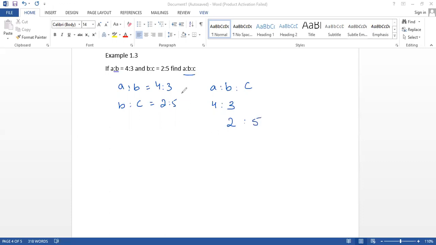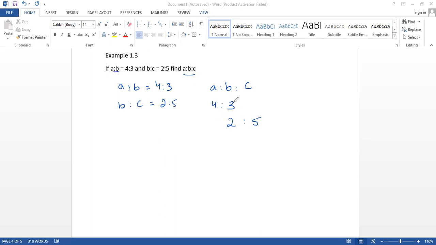2:5. Now, by looking at the values, I can see that B over here is not common. So B over here has a value of 3, whereas B over here has a value of 2. I'm supposed to make them into a common number. Now, one way of doing this is to think in the same way that we did earlier.